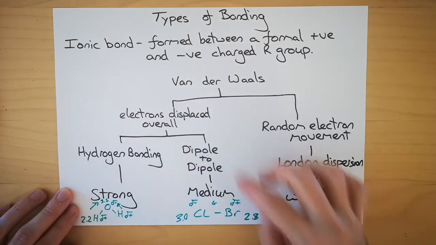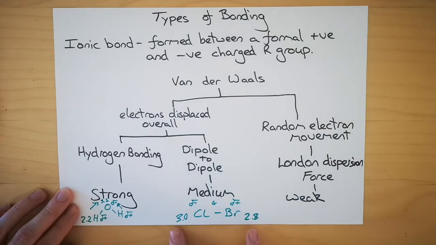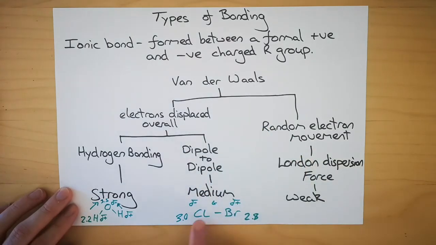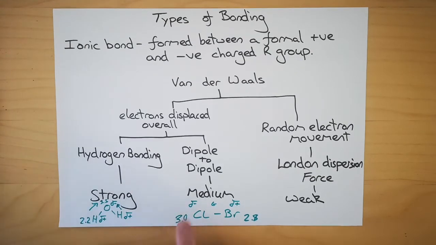Whereas with the dipole to dipole interaction, what you'll have is just a very slight difference in the electronegativity, meaning that the electrons are only slightly pulled to one of the atoms, and that is going to create a very, very slight bonding force between the next molecule here. So you could imagine that there's actually a bromine here with a very slight positive charge.